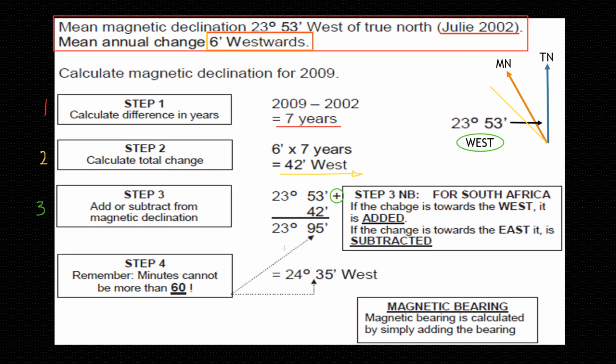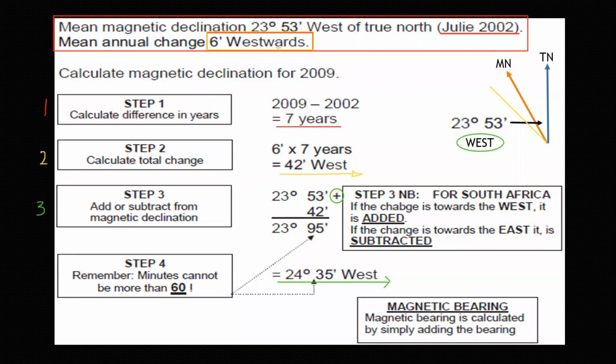The way in which we can do that, you minus 60 from your 95, and that will give you an answer of 35 minutes. You take across the extra degree, and that will give you 24 degrees and 35 minutes. This will be our final answer. This is our new magnetic declination for the year of 2009.